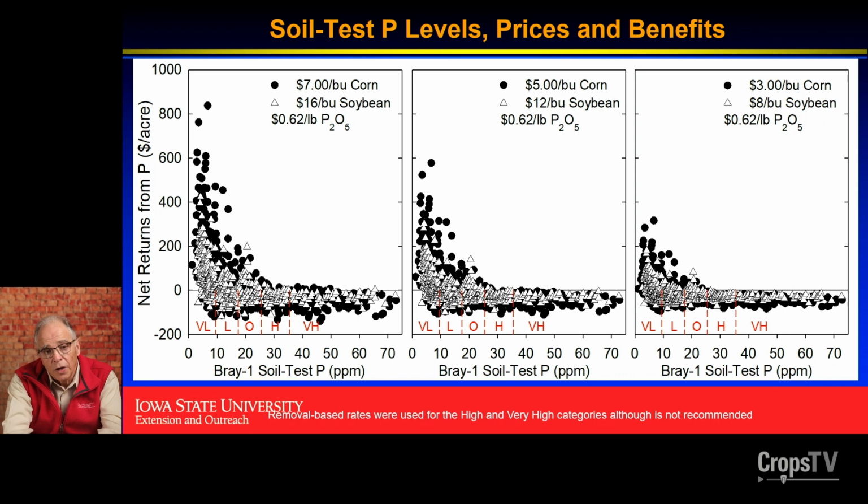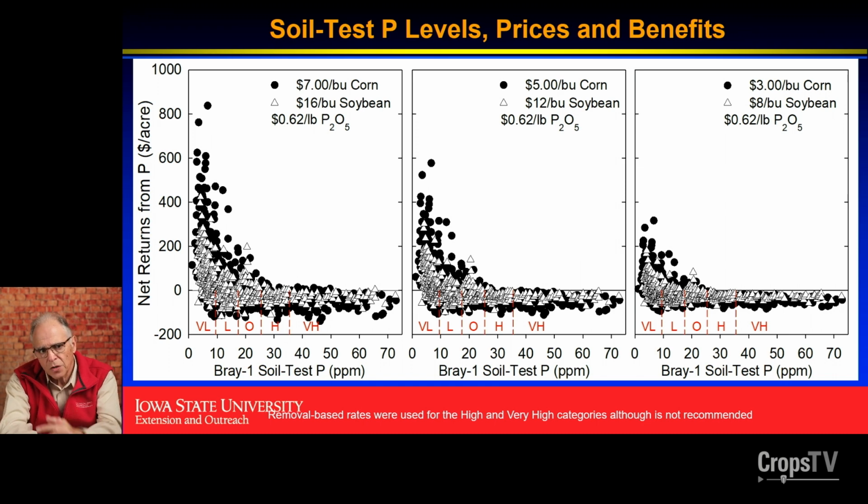Okay, now if we look at the benefits, these are actual numbers, these are not models, calculation for phosphorus. We have three scenarios. On the left, the good price ratios, okay, in the center, about maybe what we have now, and on the right, very bad, okay?